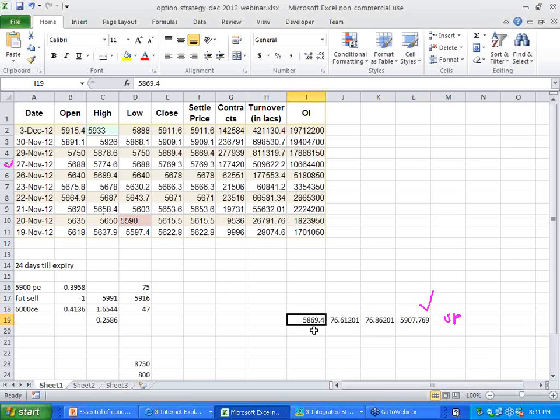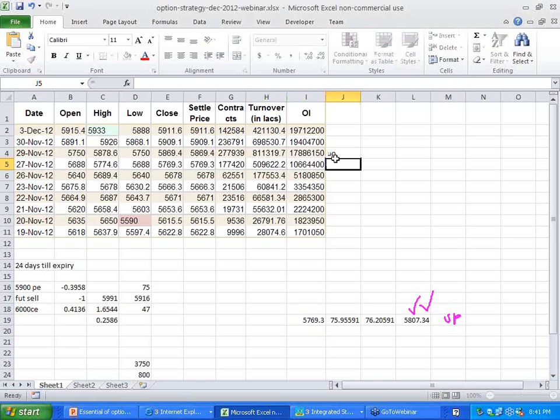On the 27th, my price was 5769.3. The 28th is not a trading day. So on the 29th, if the price closes above 5807, I will say that yes, the trend is up. Yes, this is an uptrend day. So the first day has been validated.